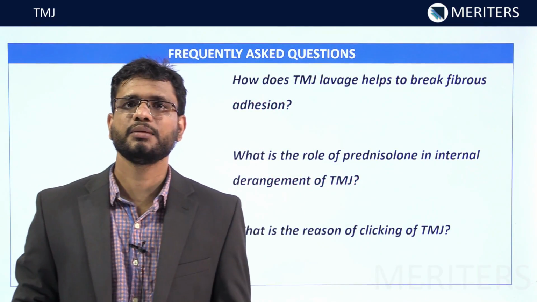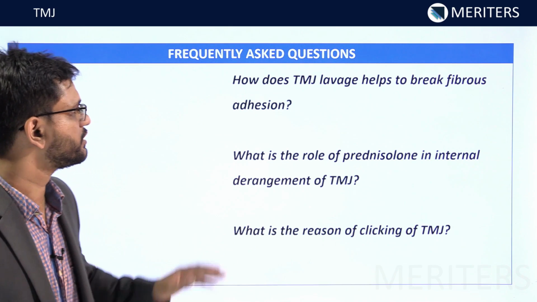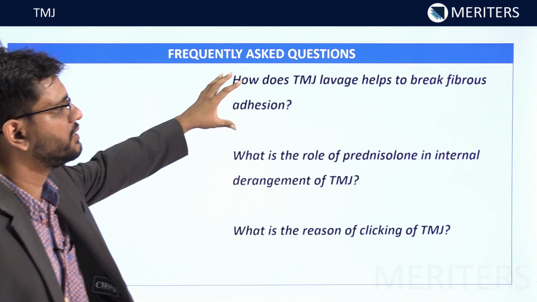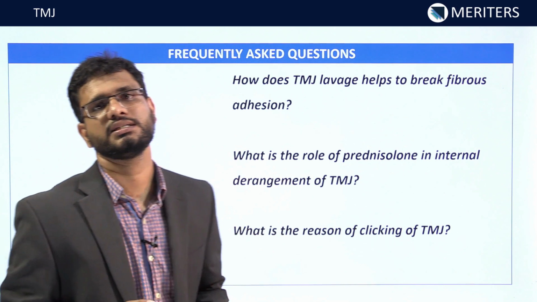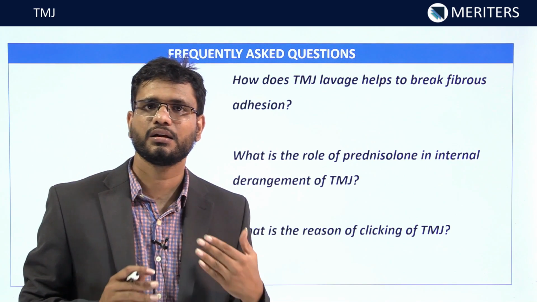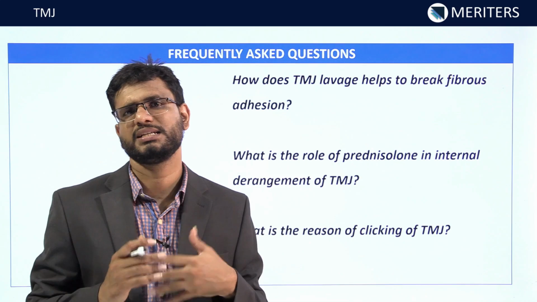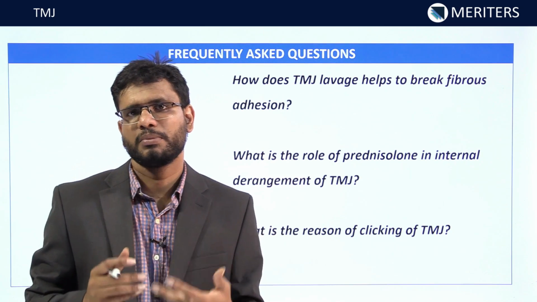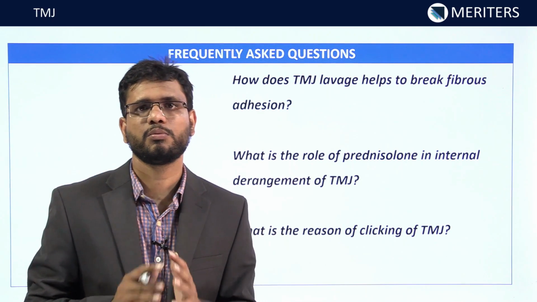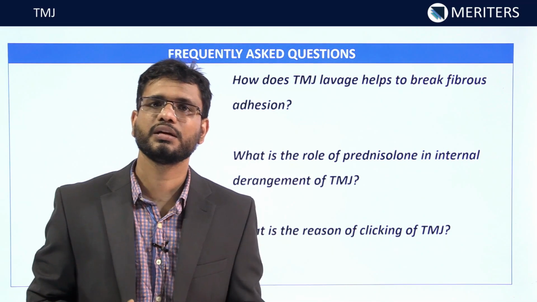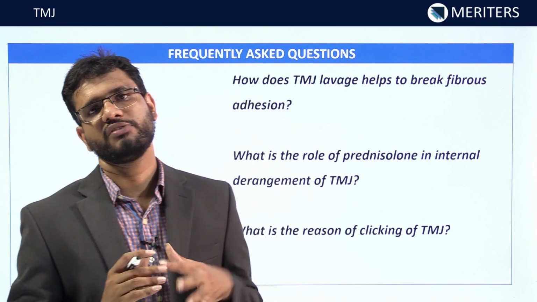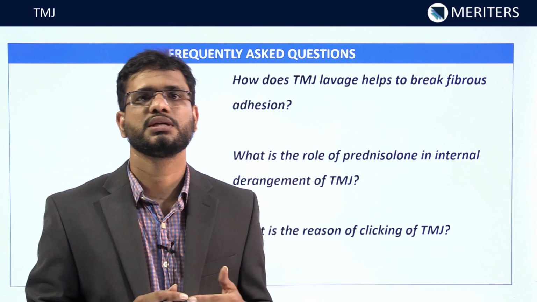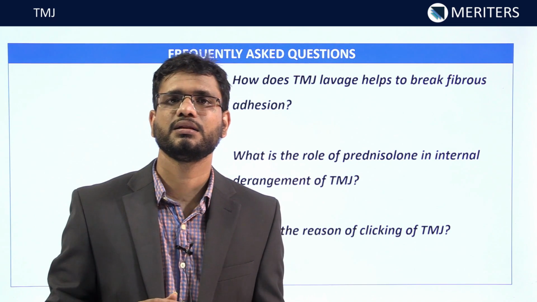Now let's discuss certain important questions based on this topic. So the first question here is, how does TMJ lavage help to break fibrous adhesion? So we have already discussed that we'll be flushing the TMJ cavities. Majorly we do it for the superior, but yes, it is advised that both the superior as well as the inferior TMJ cavity should be flushed, right? So when we flush this, we use certain sterile materials.